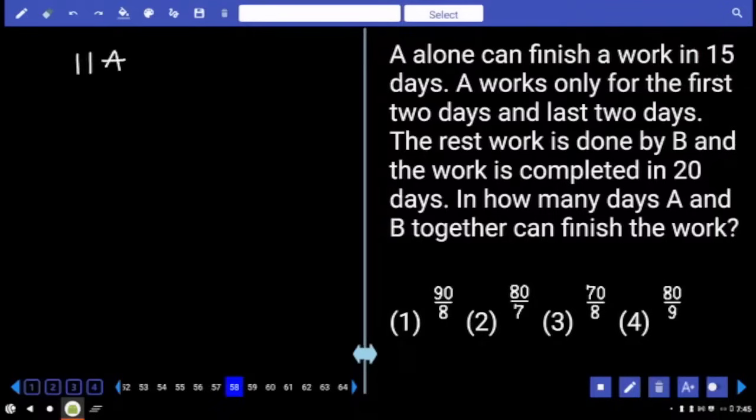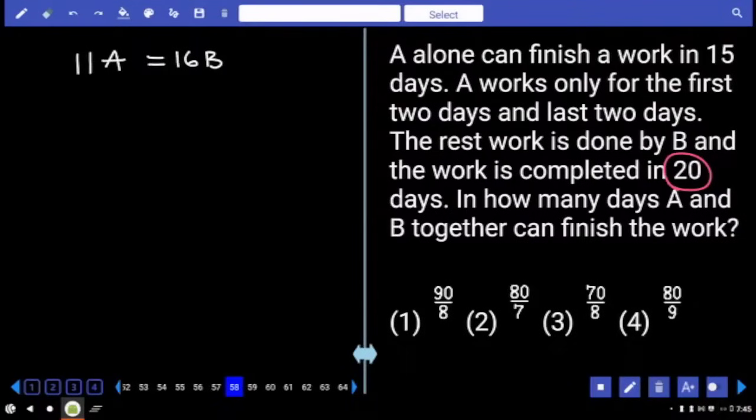A worked for 4 days, and the rest of the work is done by B, and the work is completed in 20 days. Out of this 20 days, A worked for 4, so B worked for the remaining 16 days. 16 days of work by B is equal to 11 days of work of A only.